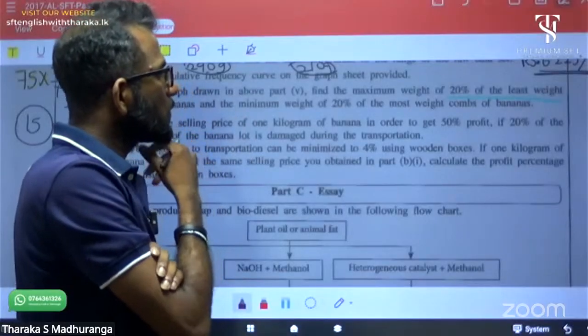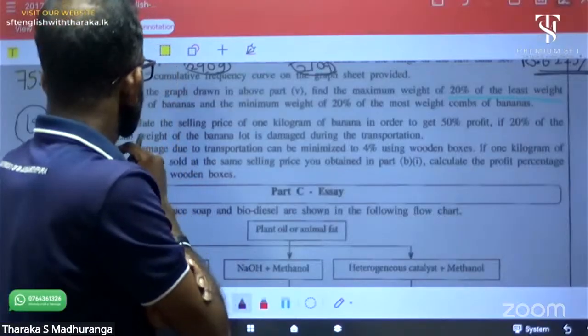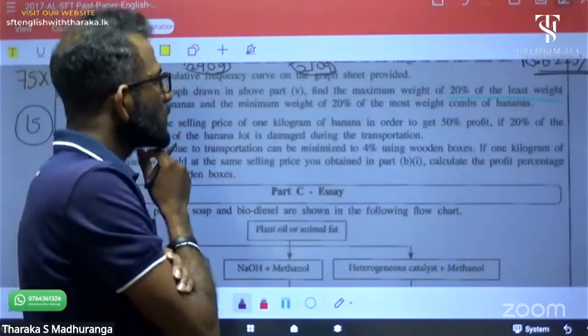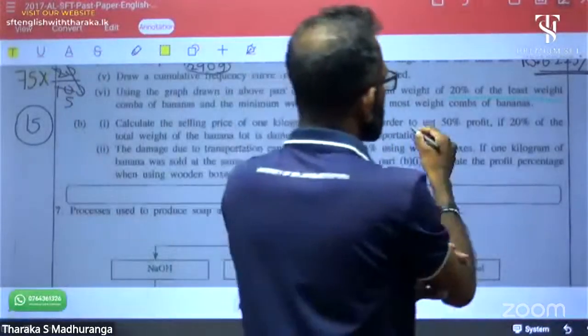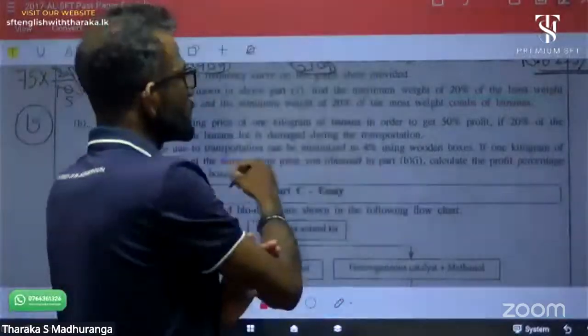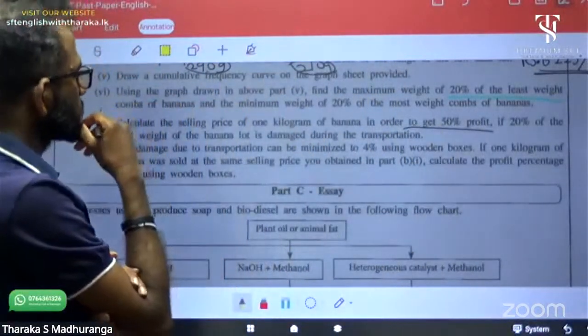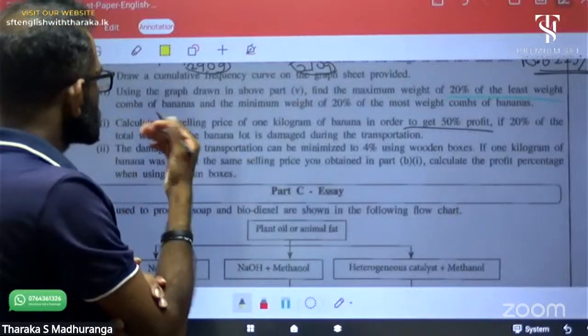Then we need a 50% profit at least. Okay, that's a rational question.